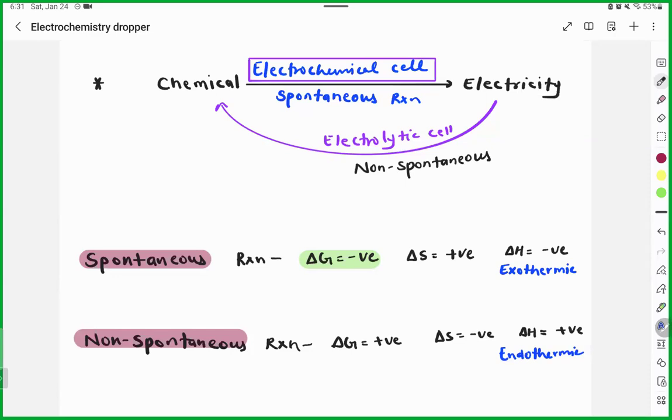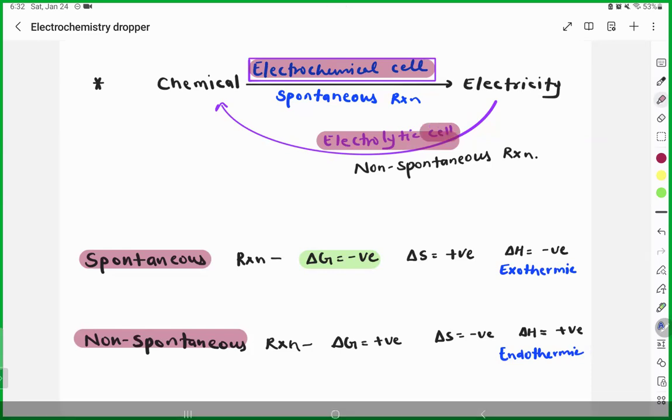Can you give me an example of a system where you have both electrochemical cell nature and electrolytic cell nature, and it's very common in our life?